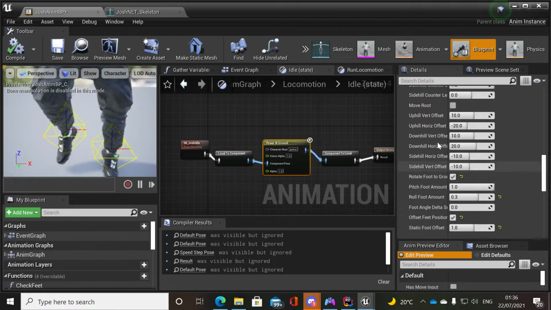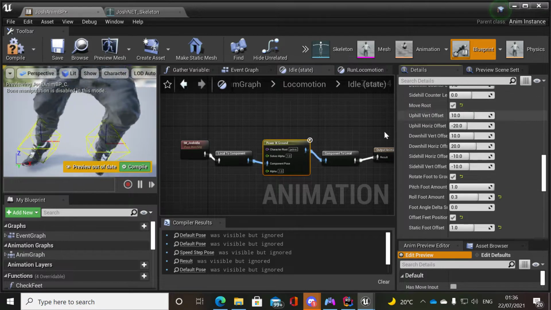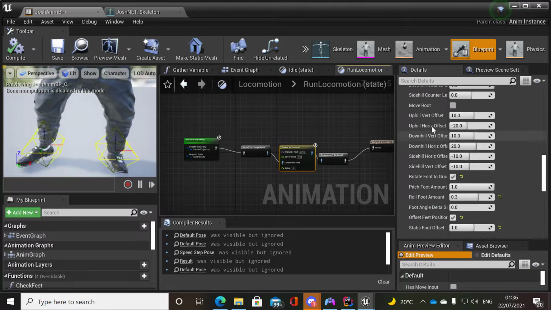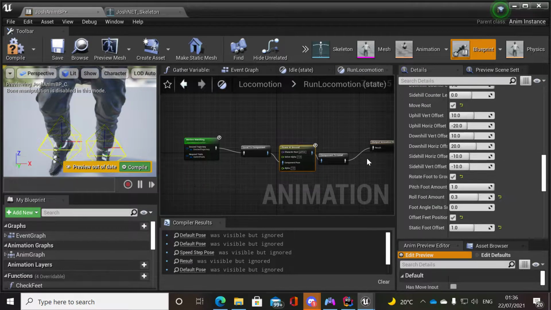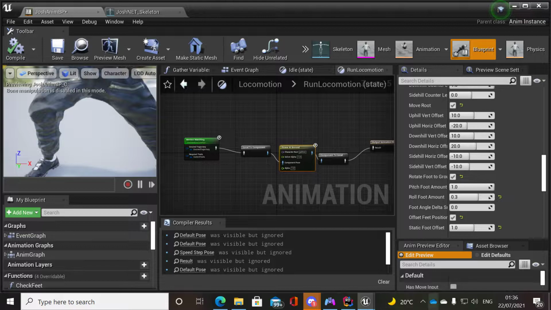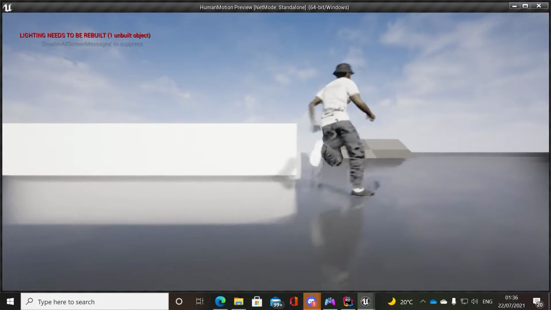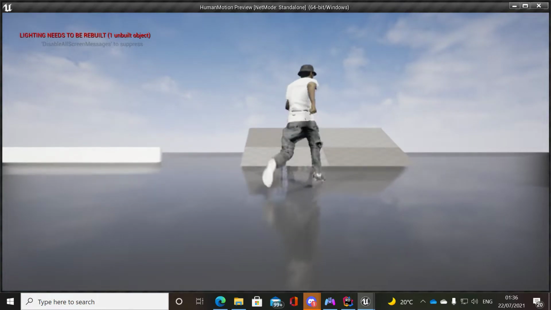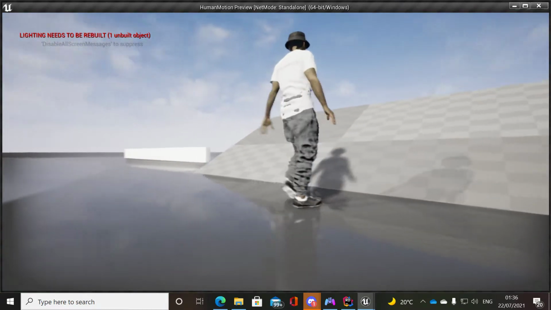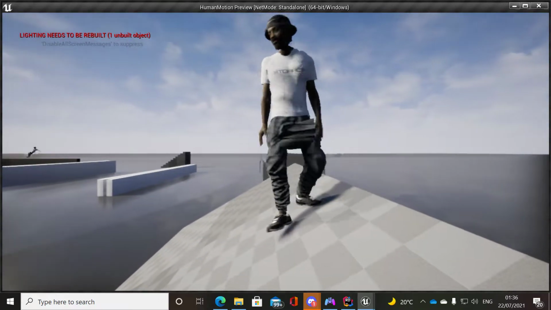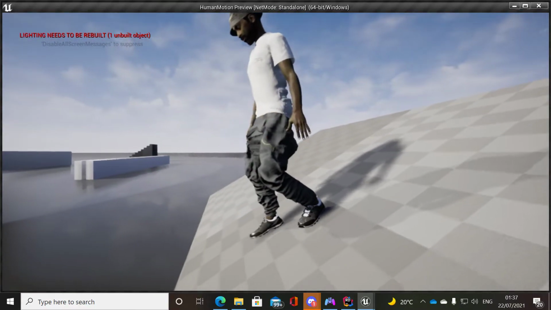Yeah, can we try what move root did? I'm worried that move root will interfere with the motion capture. Let's try. Yeah, it looks pretty bad now. Oh, do you know what it is?